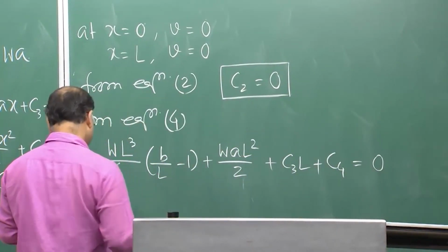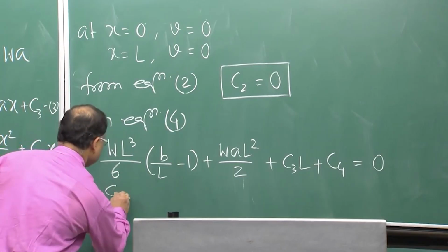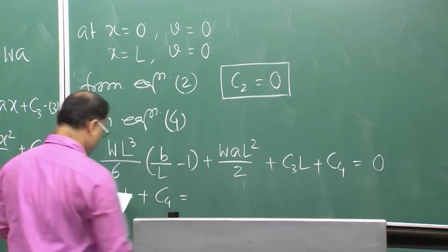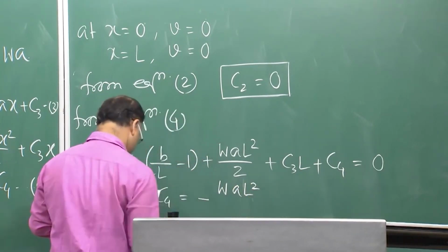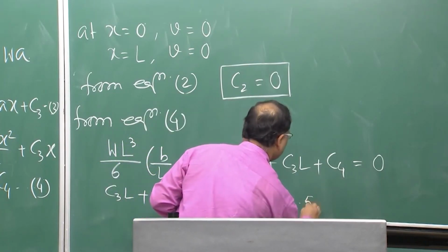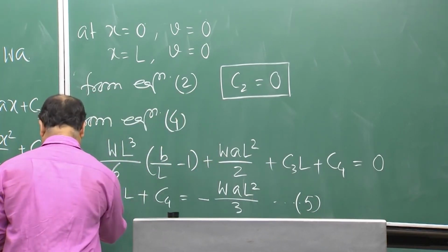From this, with a little bit of simplification, finally I will get C3 L plus C4 equal to minus W A L square by 3, equation 5.